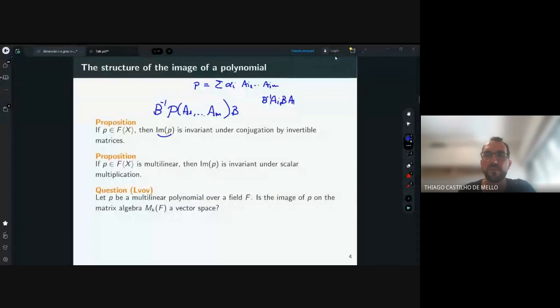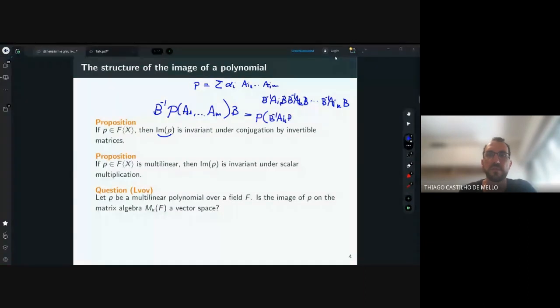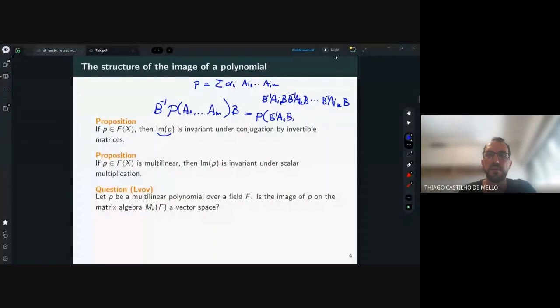Oh, sorry, I missed the B minus 1. Okay. So when we do this for all monomials, actually, we are showing that this is the same as evaluating the polynomial P in the conjugation of the matrices. So we are still with an element in the image of a polynomial.